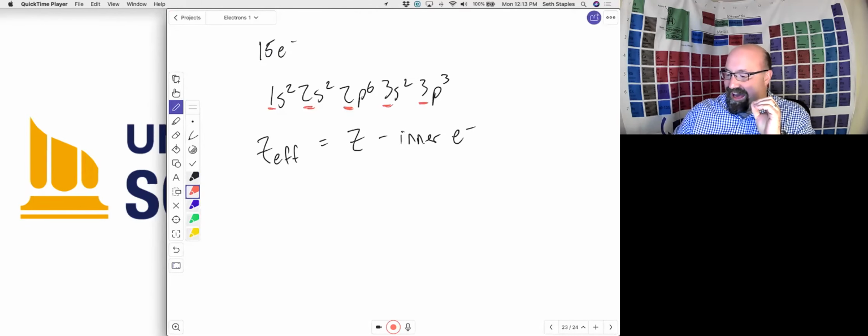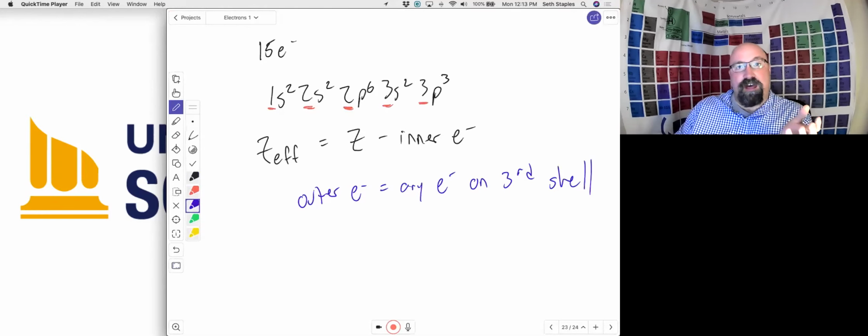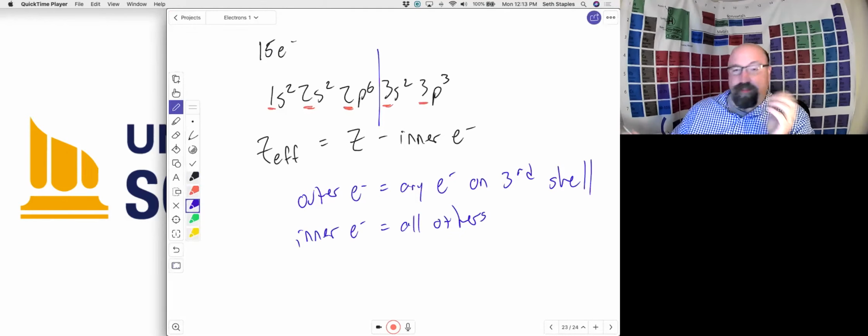And so the outer electrons then are any electrons on the third shell, which means that the inner electrons are really all others.